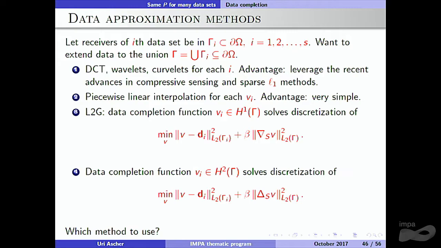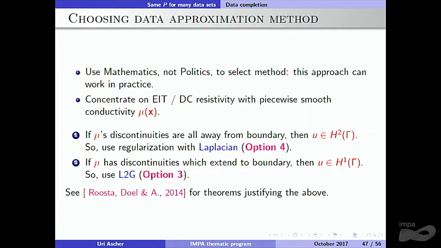If these bodies that have a different value than the background are all inside, then along the boundary, it is smooth. So use the smoothest option over here. If they touch the boundary, then there will be jumps there, then use this. And there's a connection between how you do the data completion and questions such as smoothness. So if there are discontinuities only away from the boundary, then use that Laplacian.